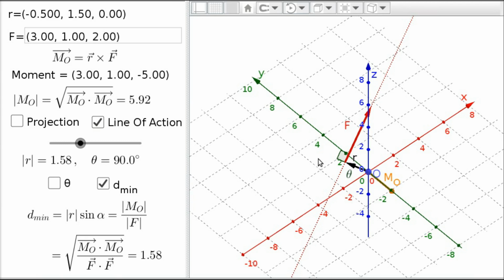So the minimum distance is when sine is the biggest. Sine is 1 at 90 degrees. So we can compute this minimum distance between the point and this line of action of F. So we can just draw a force along this line of action and use this computation to calculate our minimum distance.